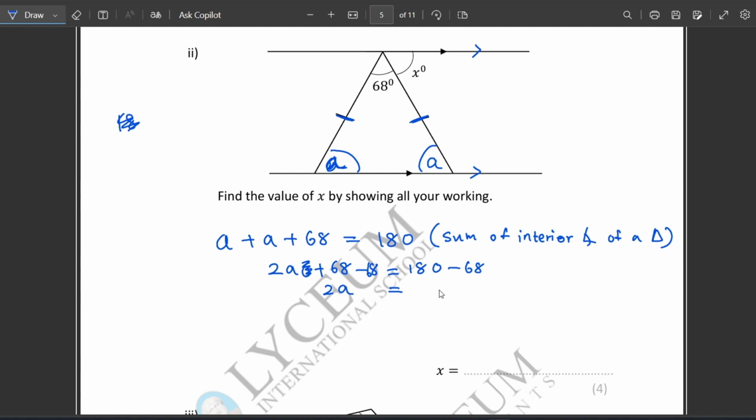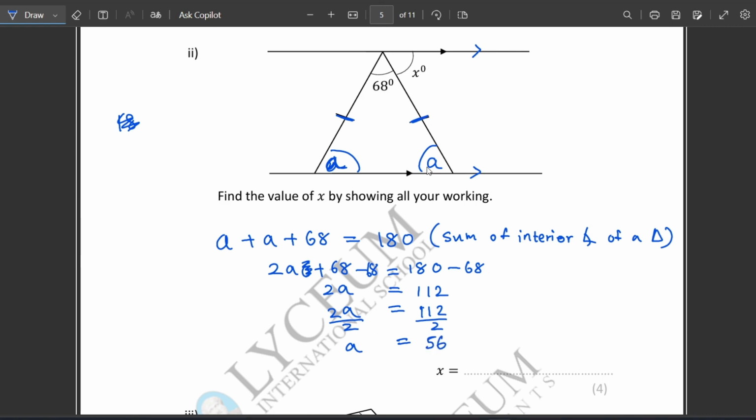Then we get 112. Then we can find A by dividing both sides by 2. Now we get the value of A as 56.